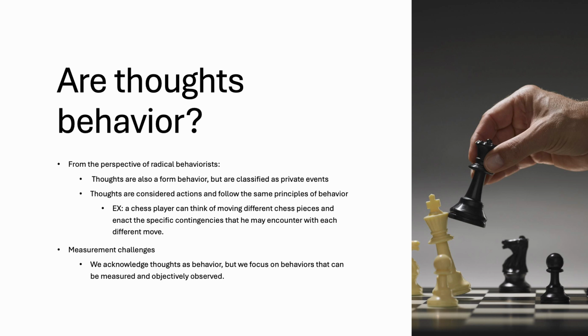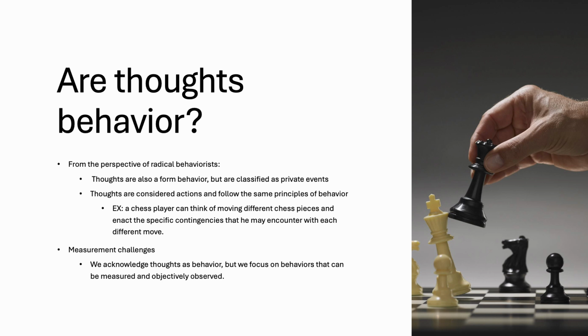They give an example of a chess player that can think of moving different chess pieces and enact the specific contingencies that he's going to encounter within each move. In his head, with his thoughts, he will pretend to move a pawn and think about the specific consequence that will follow. Although he's not moving the pawn physically, the consequences that he is thinking about in his brain are modifying his behavior.